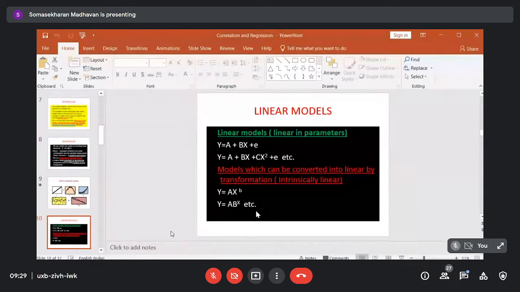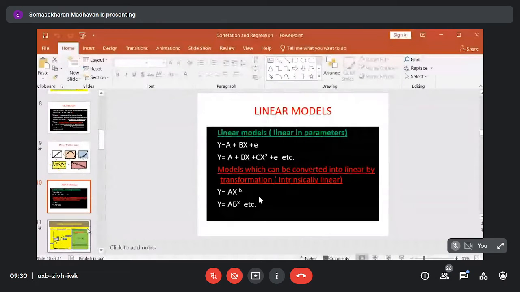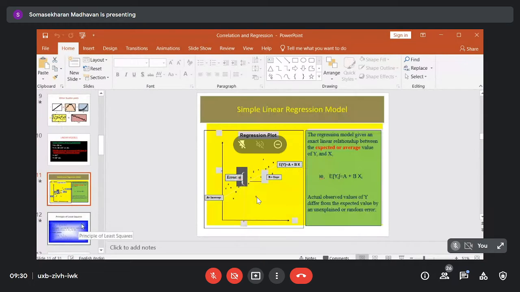Can anybody say what is the difference between general linear model and generalized linear model? Okay, if nobody is interested in these aspects, I will go to the next slide.